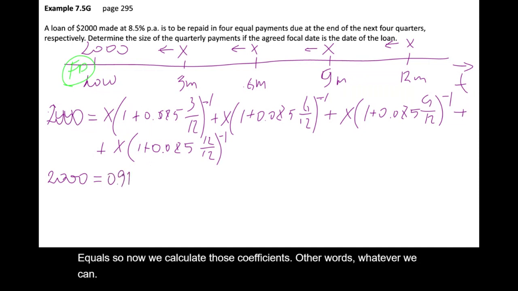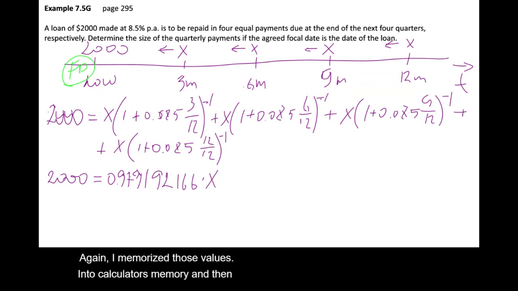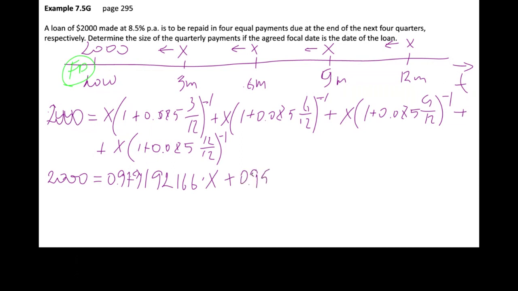Okay, 0.9791. Again, I memorize those values into the calculator's memory and then just recall them when time comes to calculate total. Okay. 0.94.